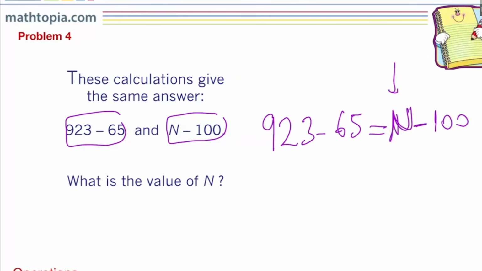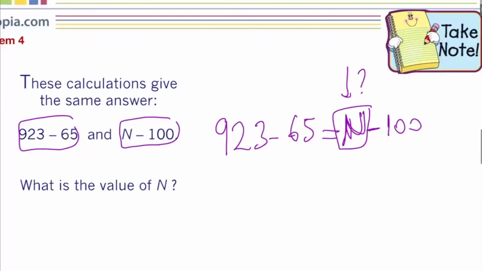What is n? What is the connection between the right side and the left side? How do we get the value of n?